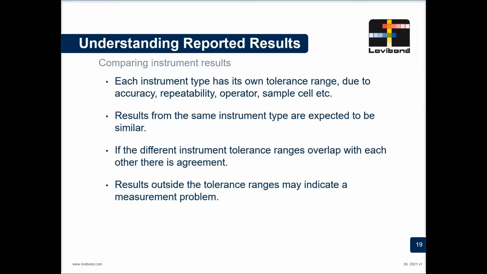But generally, I would expect that results from the same instrument type are going to be similar. And if our different instrument tolerance ranges overlap with each other, then we have agreement between our results. Results outside the tolerance range might indicate we have some sort of measurement problem. Maybe one instrument is not measuring as well as the other instruments. There may be some issue in the way the sample or whatever has been prepared.